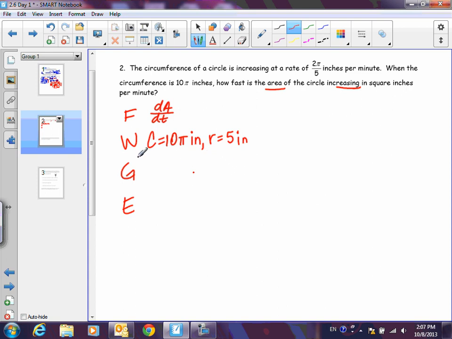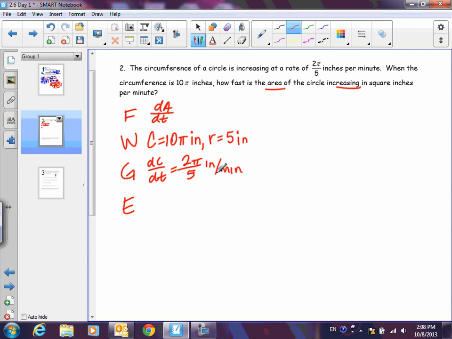All right. What else was given? The circumference is increasing. So how would I write rate of change of circumference? dC over dt, and that is 2 pi over 5 inches per minute. And we want to make sure we use our units so that everything lines up.